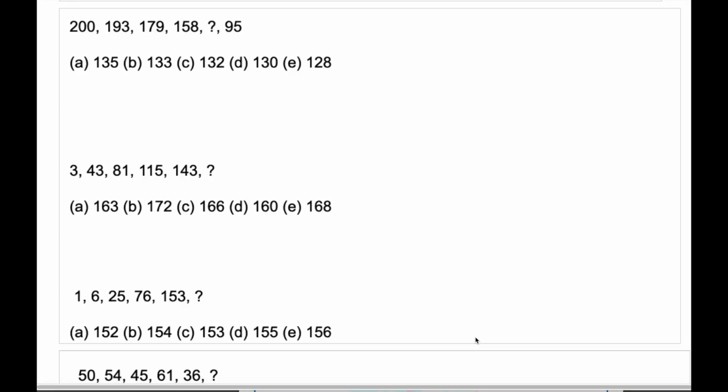At first, we have missing number series. Okay, so let's look at the first question. 200, 193, 179, 158, question mark, 95. Okay, so we can see that the difference between the numbers is not much. So this means that this is an addition-subtraction problem. So 200 minus 193 is 7. Okay, so minus 7.